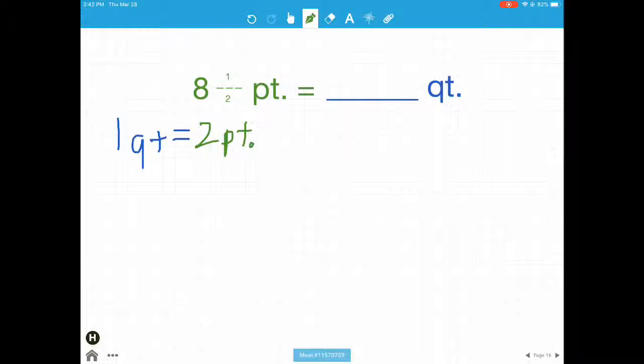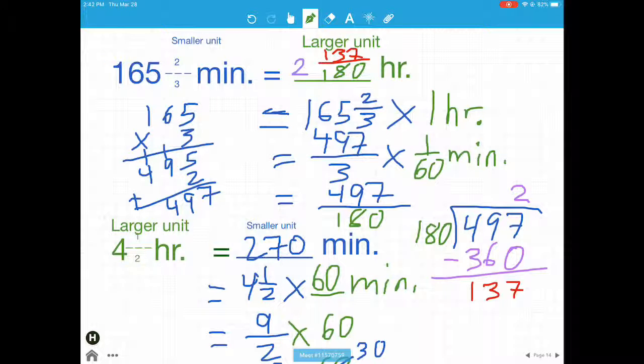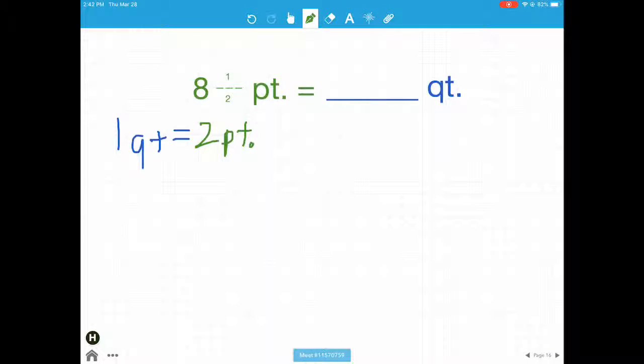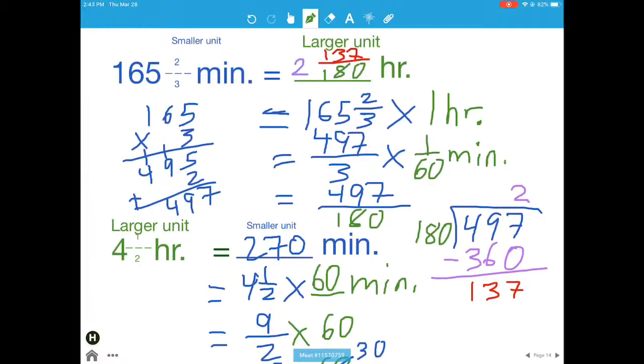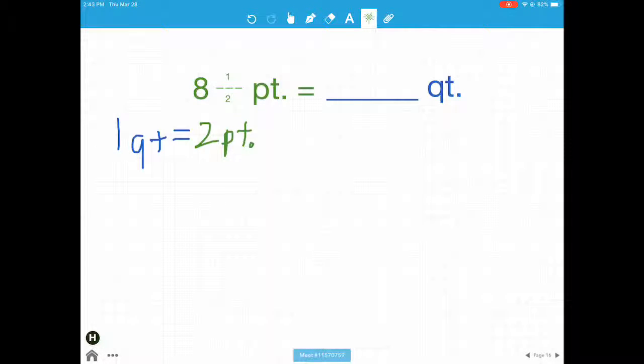Well, if a quart is 1 and it goes to 2, it's larger to smaller. Oh, sorry, the pints first. Sorry, I was looking at the ratio. No, pint to quart is smaller to large, which means we're going to use a fraction. We have smaller to large, which equals a fraction.